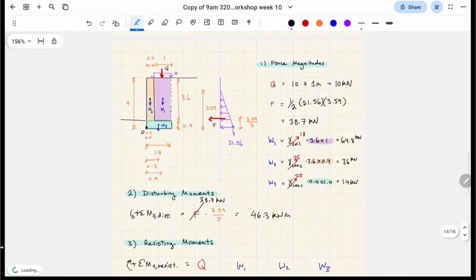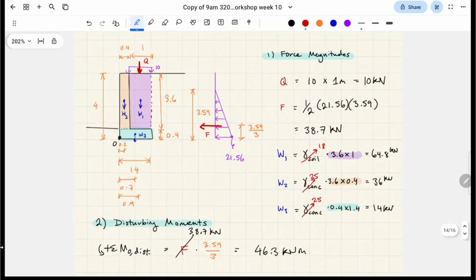So essentially, the forces that are causing a clockwise spin are going to be W2, W1, W3, and Q as well, the surcharge of the soil contained within the heel.